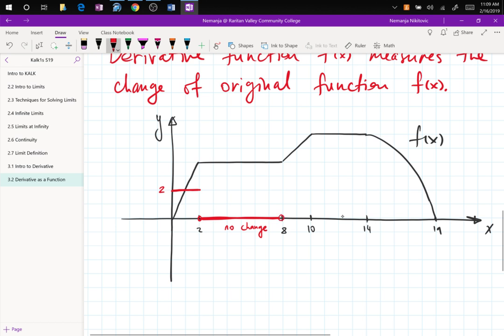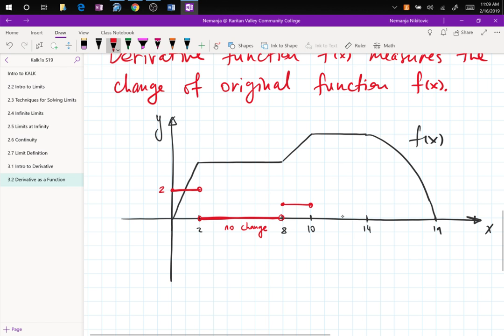And then what happens next? Increase. So we are going to have another piece over here. Slope is 1 on that piece because we go 1 up, 1 over, 1 up, 1 over. And then what happens? 10 to 14?